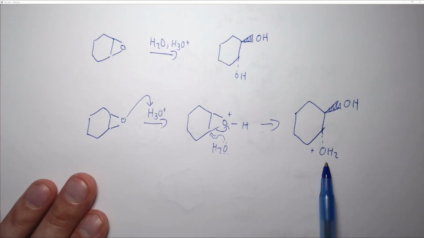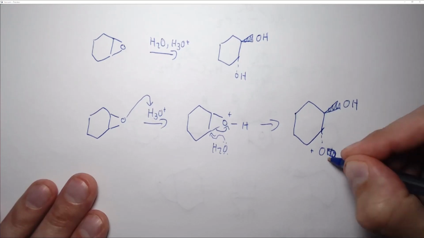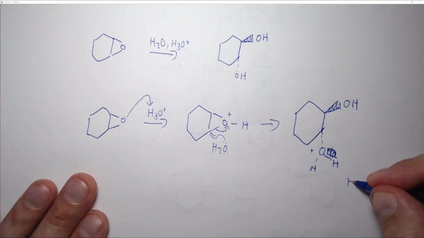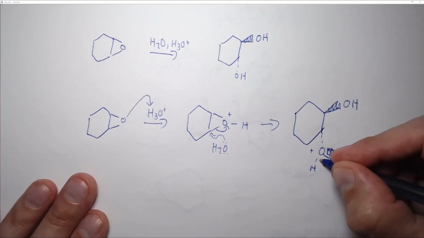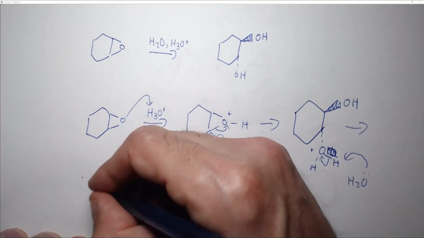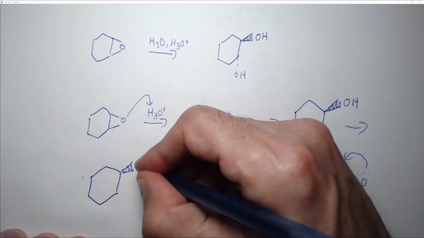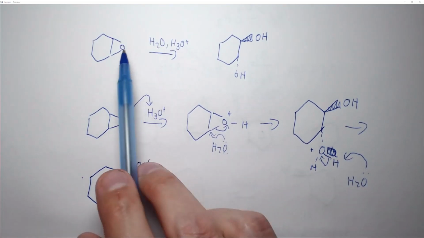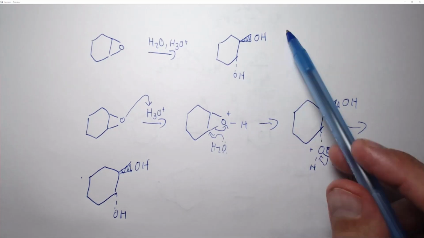Now, when this happens, this proton is very acidic. So let me draw this a little bit so it's easier to see. We have these two OHs here. If we have another water molecule, it can grab one of these H's, those electrons can go there, and finally what we end up with is the product as shown above. So, take-home message here: if we add acid and water to the epoxide, we can open this up and make a diol.